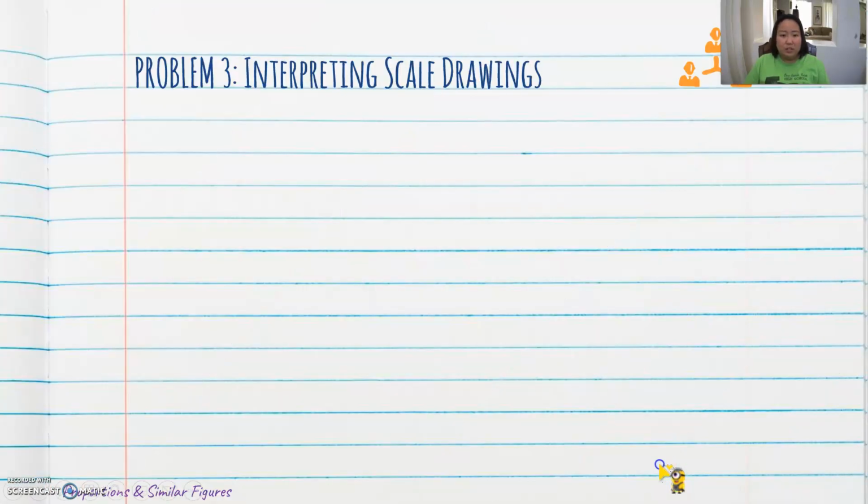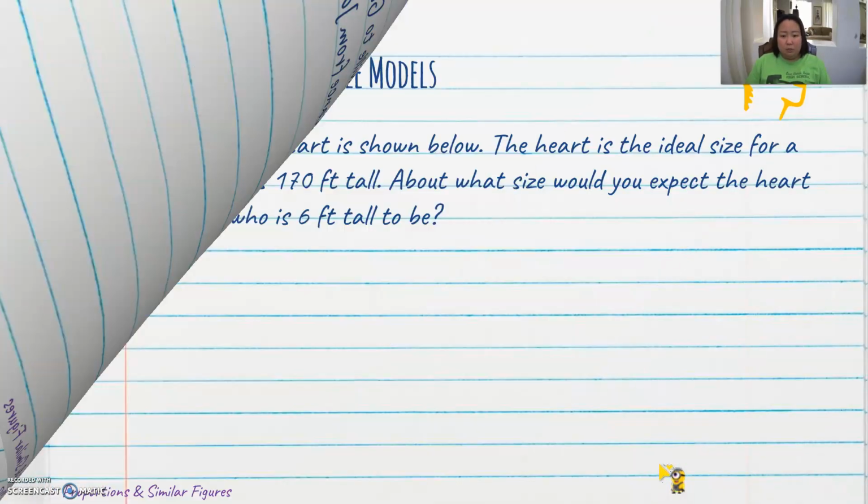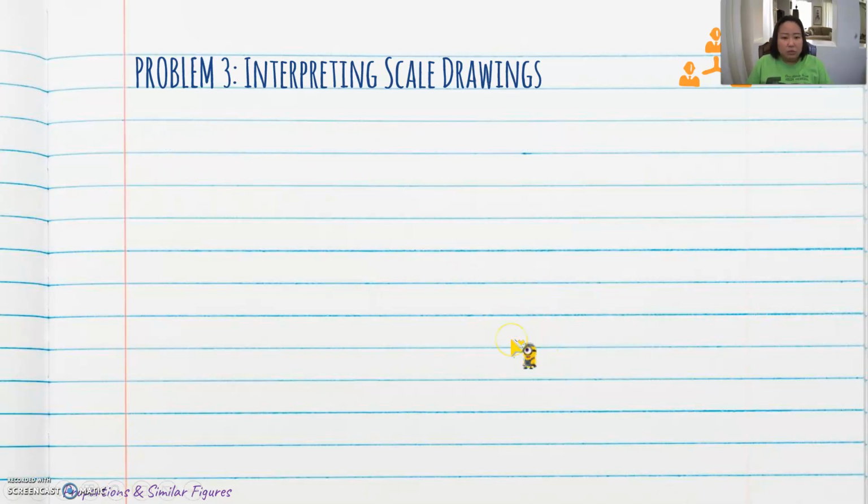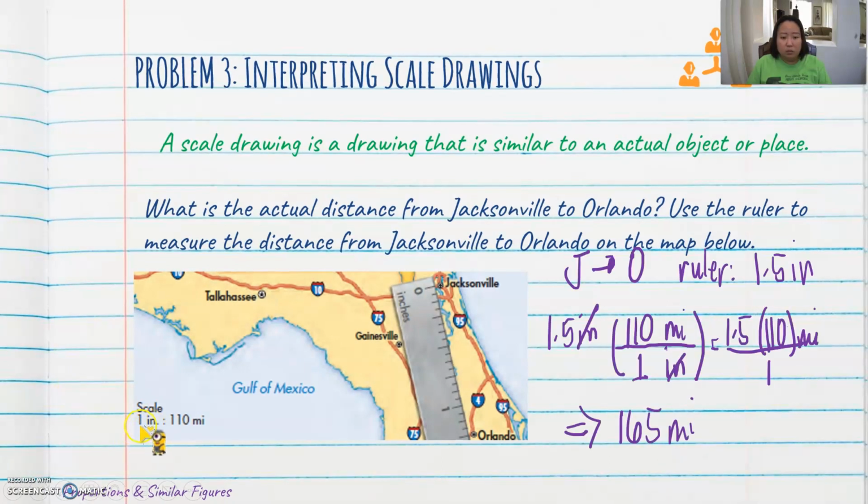Let's proceed to the next question. Oh, sorry, my bad. Trigger happy as usual. So here we don't have a map anymore, but as you can see, it's still talking about Jacksonville. We will be using the same scale values from the map earlier. One inch is 110 miles, okay?